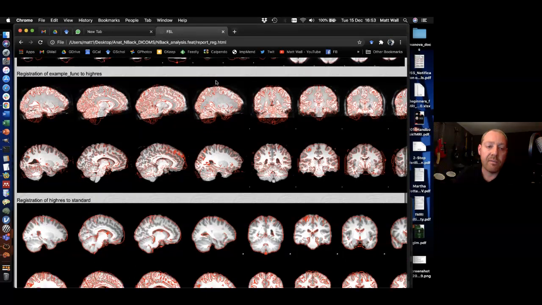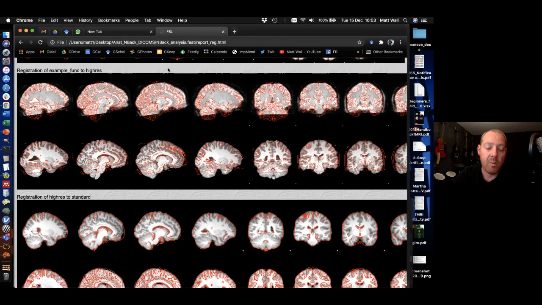And then further down, it shows us the outputs of the two individual steps that we did. So this shows us the mapping of the functional data to the anatomical image. It calls it high res here because it doesn't have to be an anatomical image. It just has to be a higher resolution image. So here we see the functional data in grey and the anatomical in red, and here the other way around, anatomical in grey and the functional data in red.